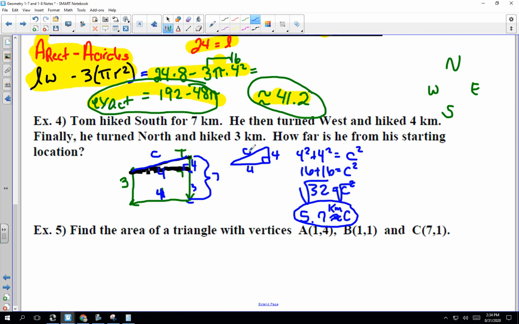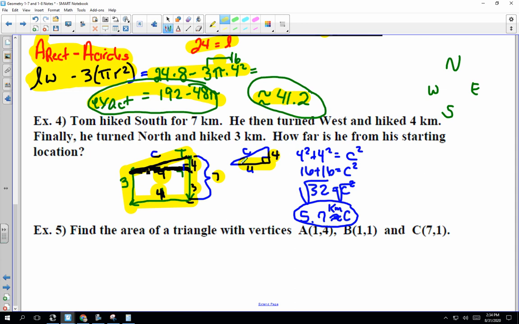Awesome. So to recap, we drew a picture. We went 7 kilometers south, 4 west, 3 north. How far away from our starting point are we? If this whole thing is 7, this little snippet is 3, then what's left for our triangle part here is 4. If it's 4 on the bottom here, it's got to be 4 on the top of our rectangle as well.